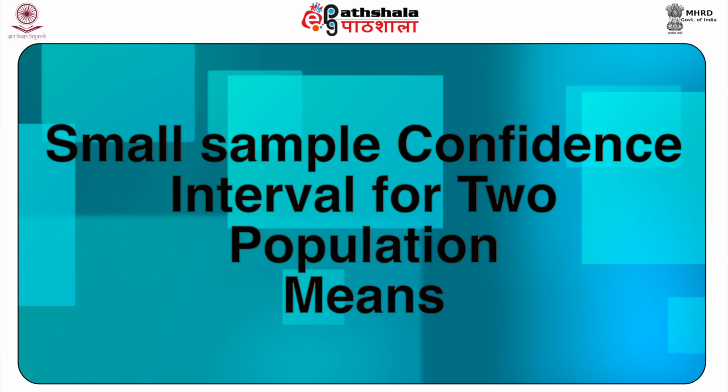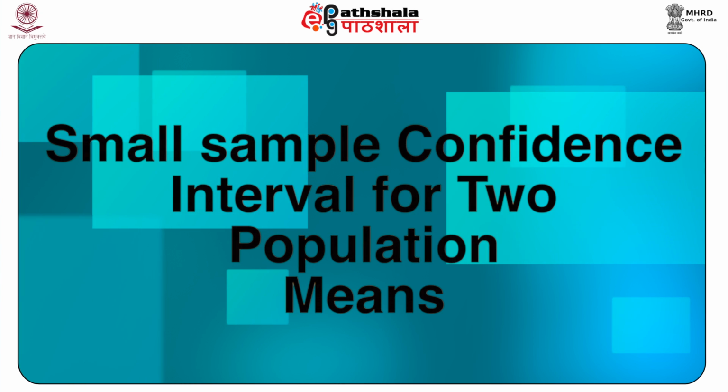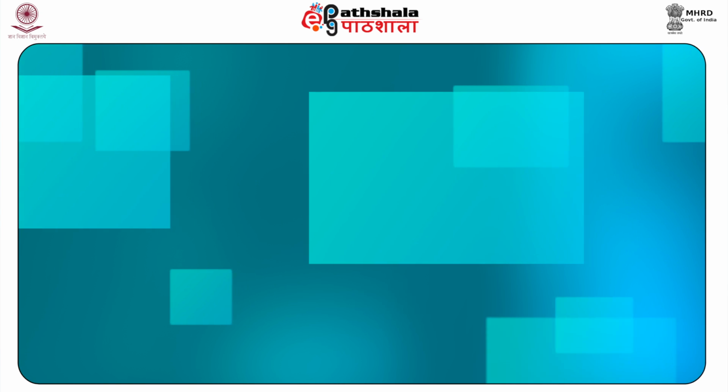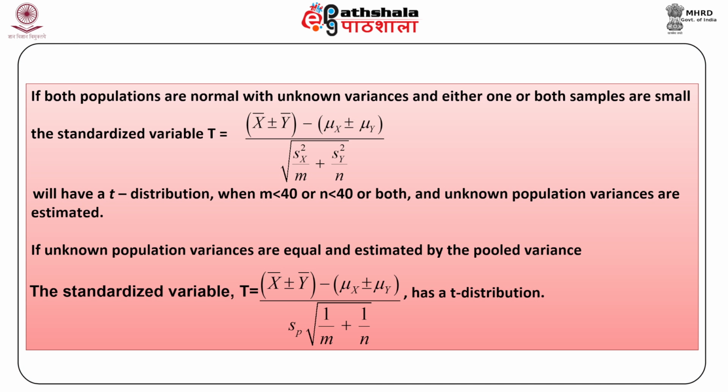Let us understand the small sample confidence interval for two population means. If both populations are normal with unknown variances and either one or both samples are small, the standardized variable t could be written in this case as x bar plus minus y bar minus mu x plus minus mu y upon the square root of s square x by m plus s square y by n.